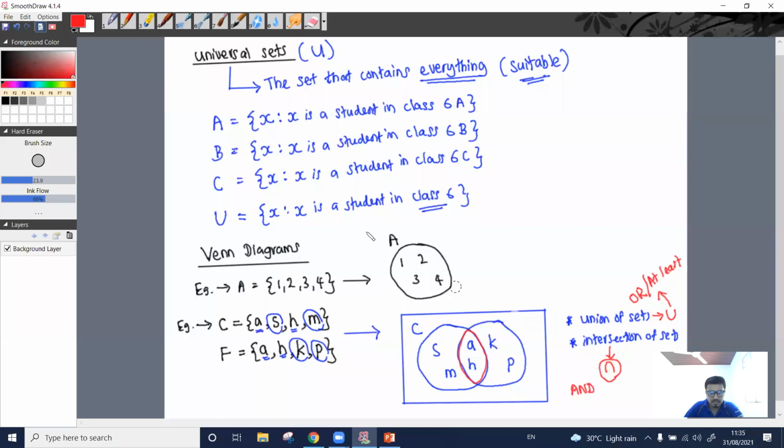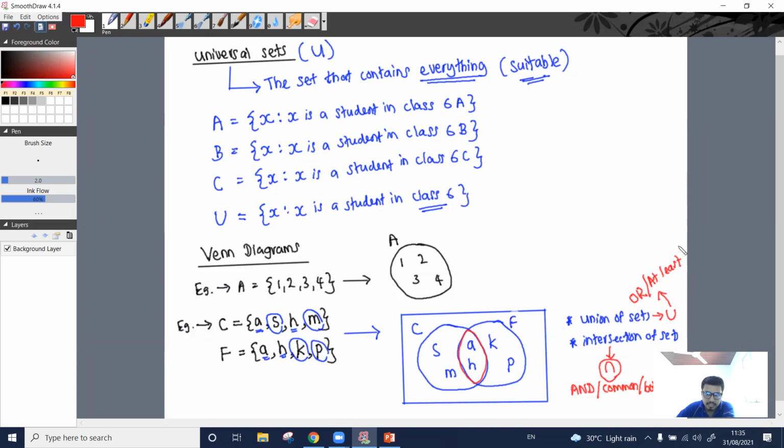This is not T, this is F. Cricket and football. Or another word we can use without 'and'? Common, right? The area in common. Common to both. Or both.